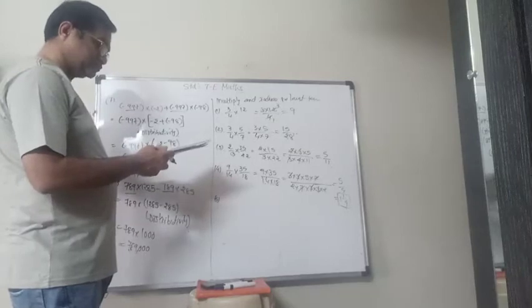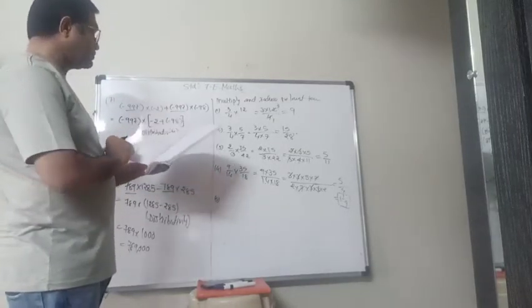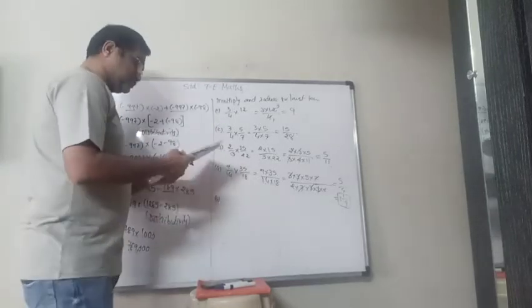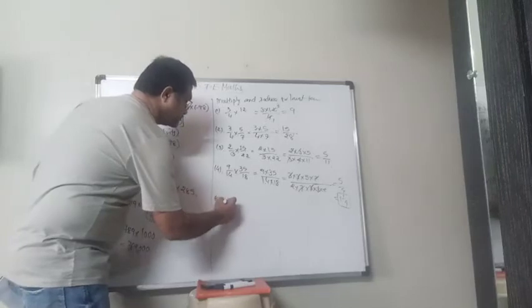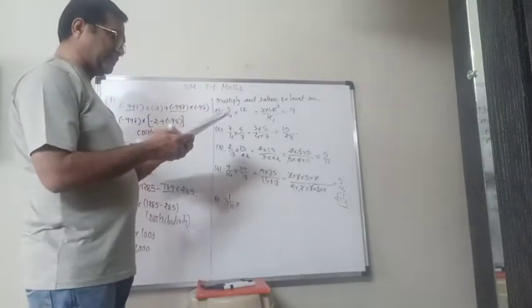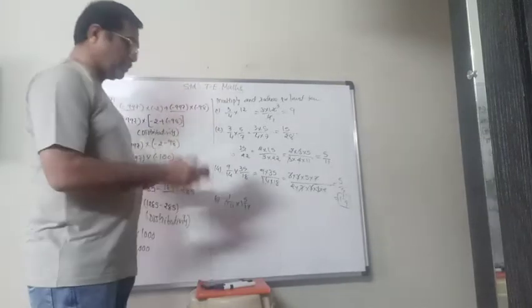Fifth one. Sometimes it can be in the form of mixed fraction also, like this. 3 integer 1 upon 11 multiplied by 1 integer 5 upon 17.